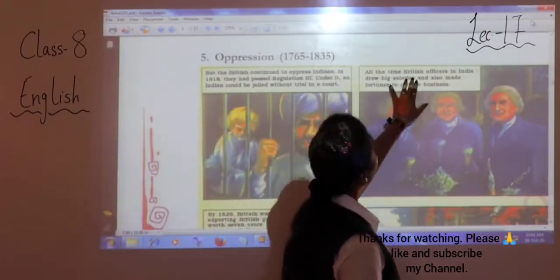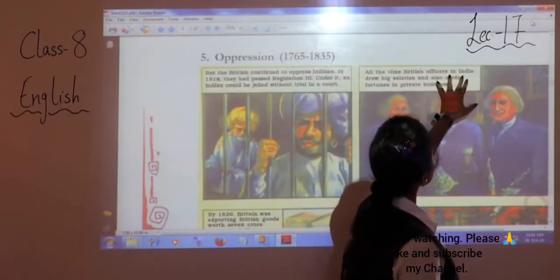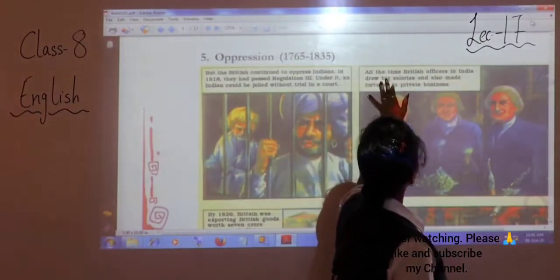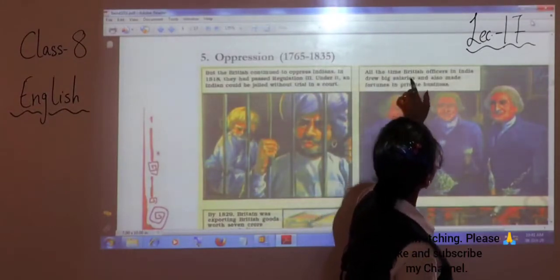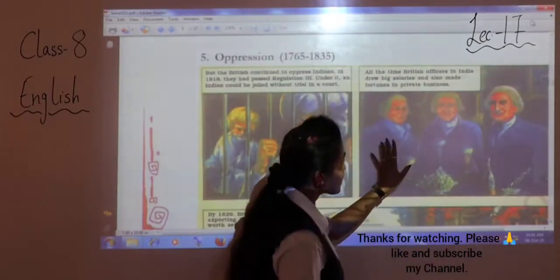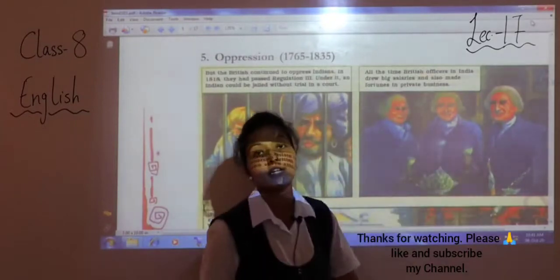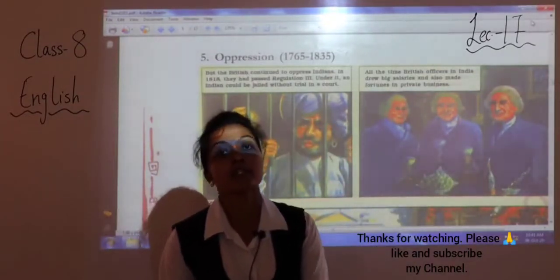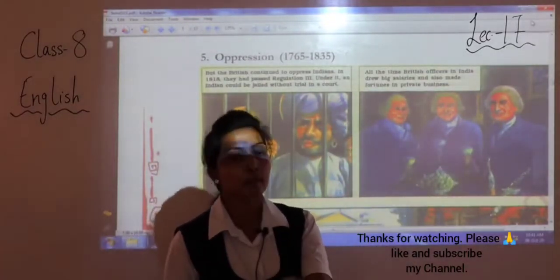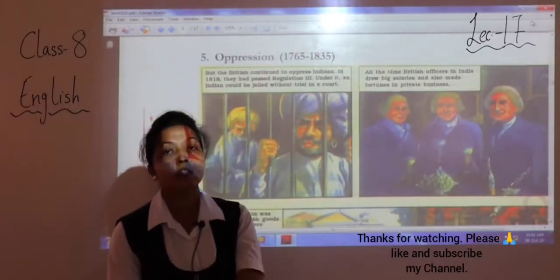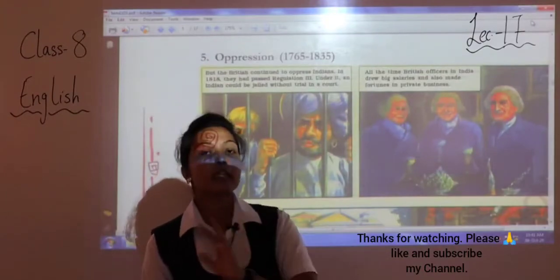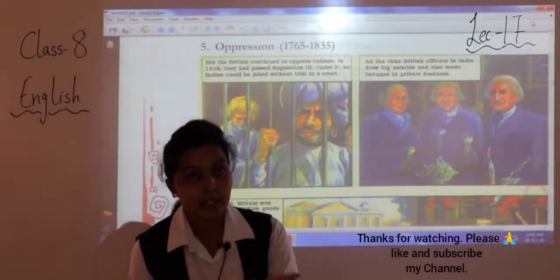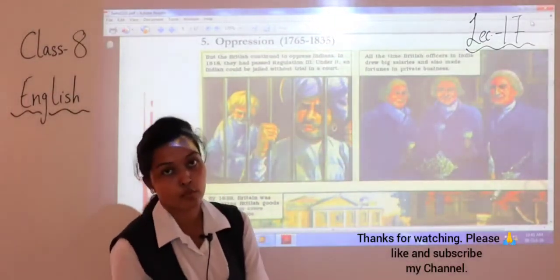All the time British officers in India drew big salaries and also made fortunes in private business. And at that time, when the Britishers entered India, the main aim was only to start up a business in India, and they wanted to take whatever fortunes India had.